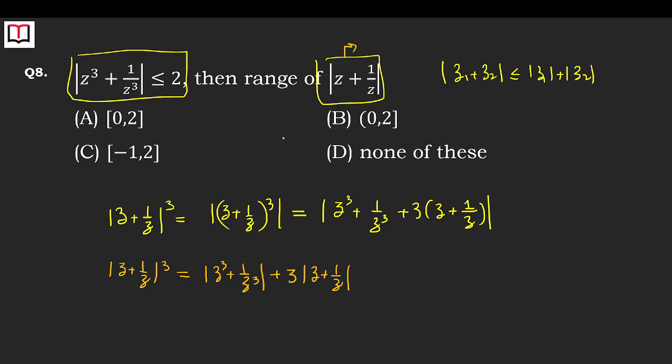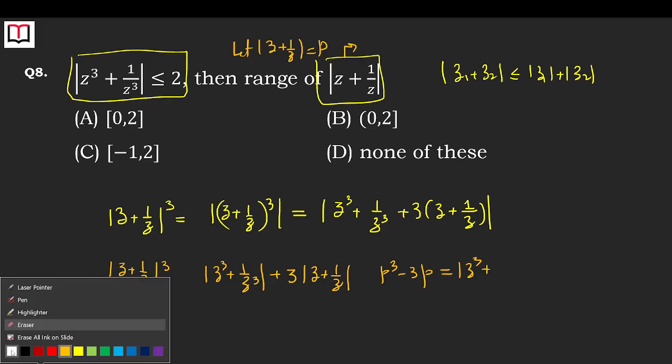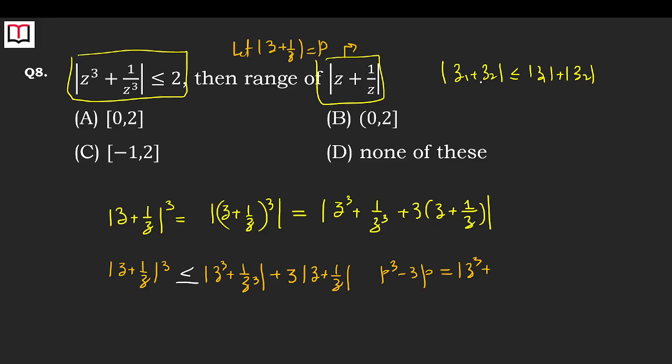So let's say mod of z plus 1 by z be p. So p cube minus 3p is equal to mod of z cube. Oh, no, this is less than or equal to. I'm sorry, it won't be an equality here. So of course I use this property.